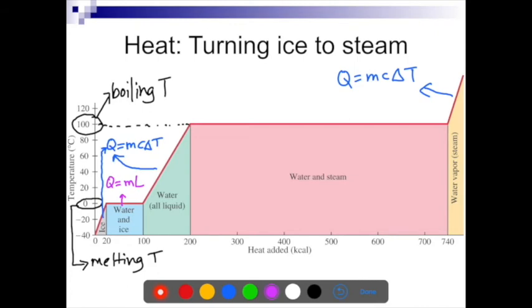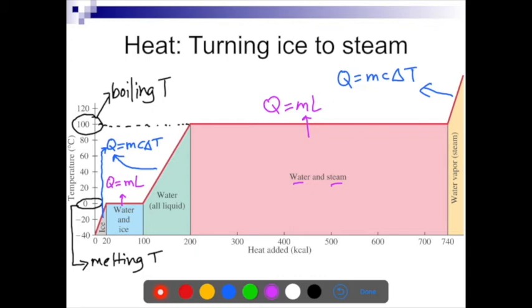Likewise, when you're boiling water and you have two phases, liquid and gas existing, water and steam, the heat added to the boiling water in both liquid and gas phase goes into changing the phase of liquid water to gaseous steam.